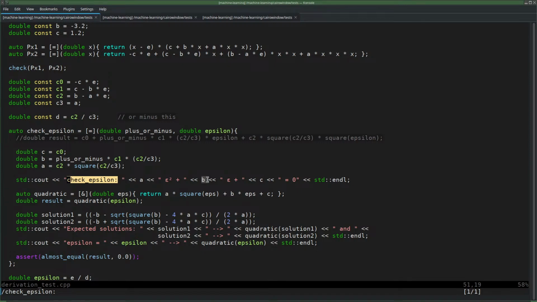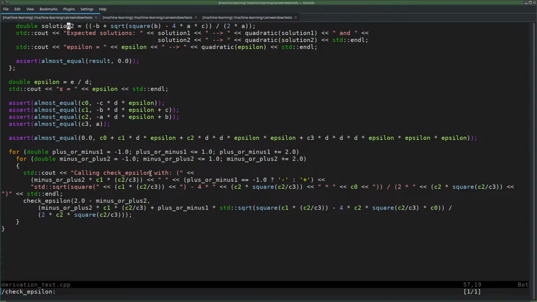The B I have here is this, and that prints the correct solutions. So this B is correct. So we should be using this, where the plus or minus is being the first thing. Should be using this when calling that function, which is here.